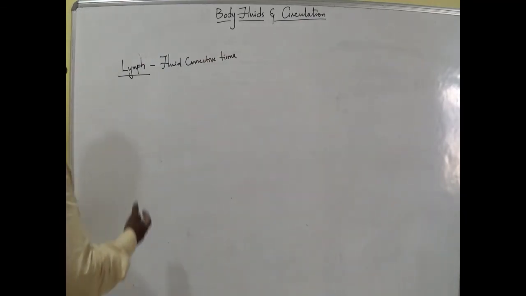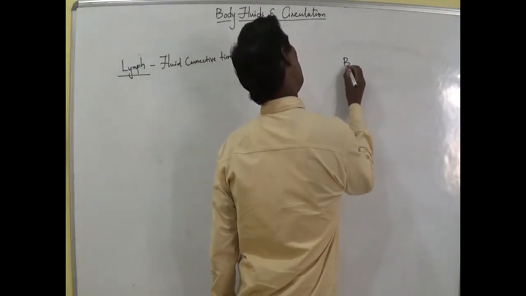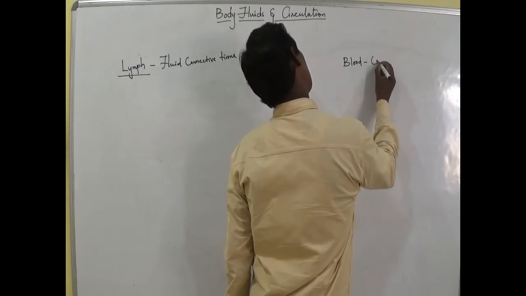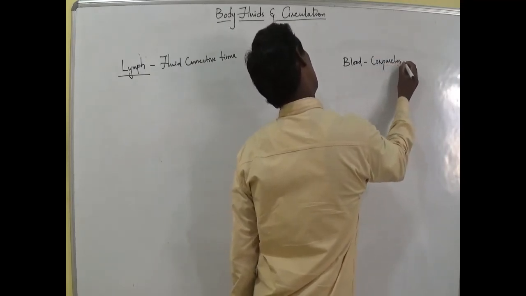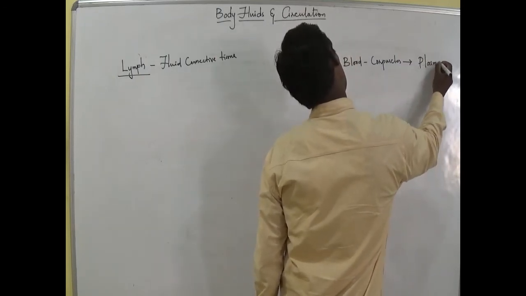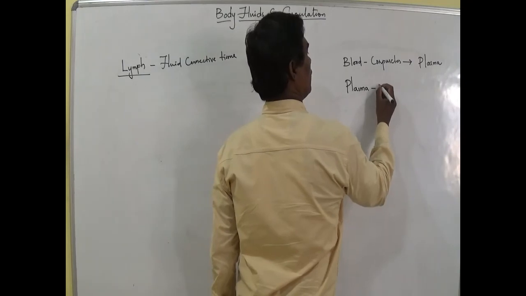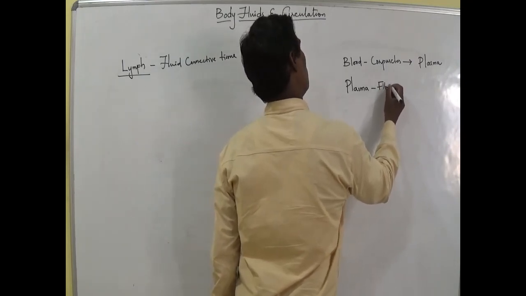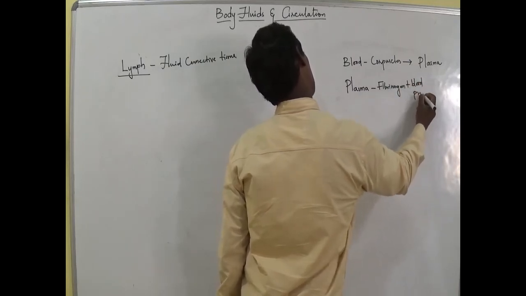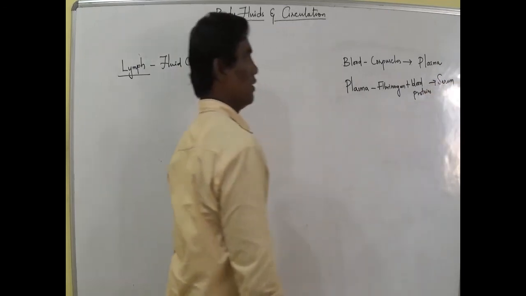Before going to what this lymph is and its function, we should know that blood minus corpuscles is called plasma, whereas plasma minus fibrinogen and certain blood proteins is called serum.